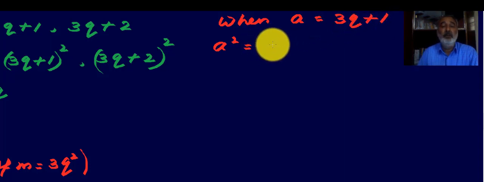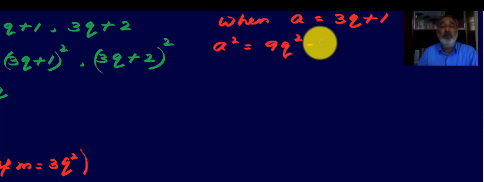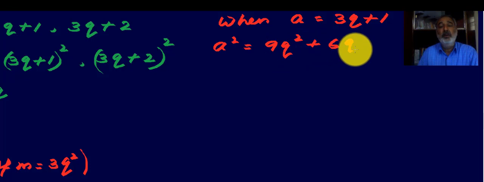It will be 9q square plus 6q plus 1. Try it out. If no, kindly reverse this video and see the previous activity.